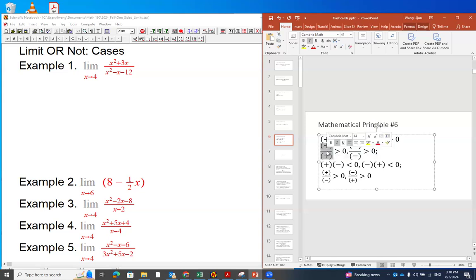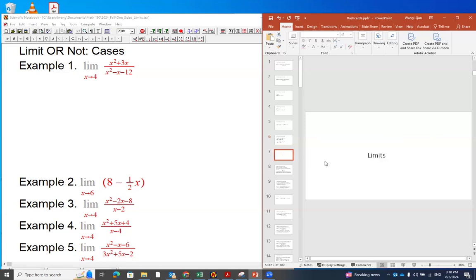Positive divided by positive and negative divided by negative. So in these 4 cases, when we have the same sign in the product or quotient of 2 numbers, the result is always positive. And if we multiply or divide 2 quantities that are opposite in sign, the product or quotient will be negative. So these are the flashcards that we use often.